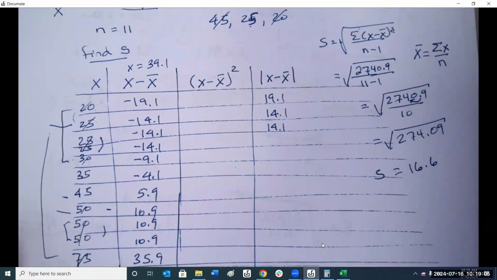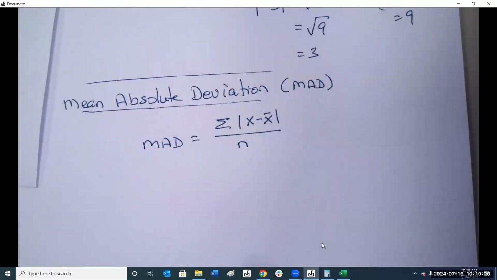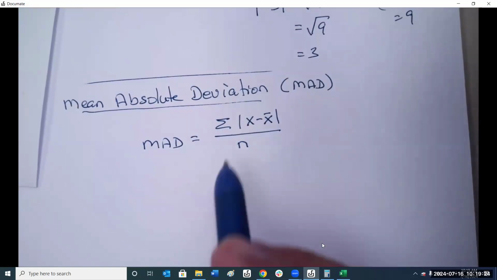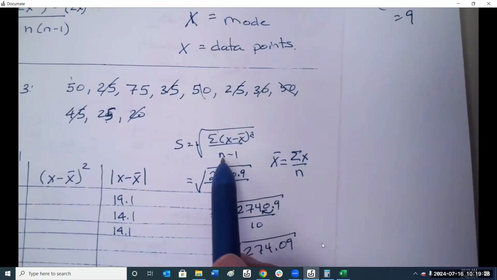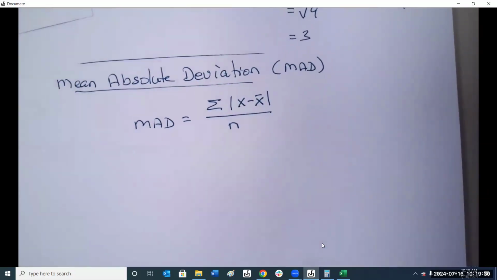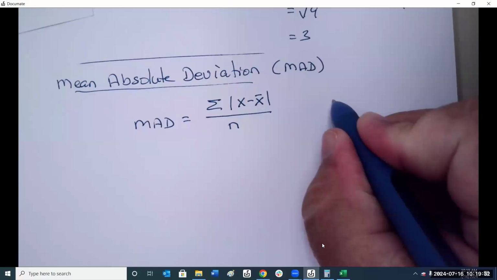We only get positive numbers. And then divide by n. Okay. Is this one a far stretch from this equation? Not really.